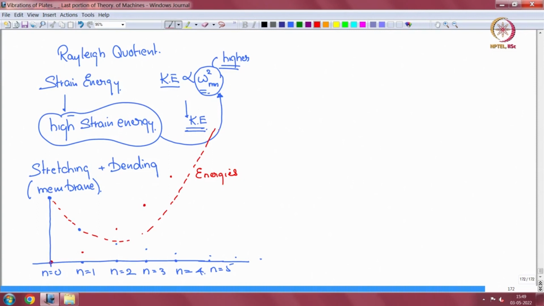So the flexural natural frequency curve has this dip in the natural frequency. So n equal to 0 will start off higher, there will be some n which will be low, and then it starts to rise again.